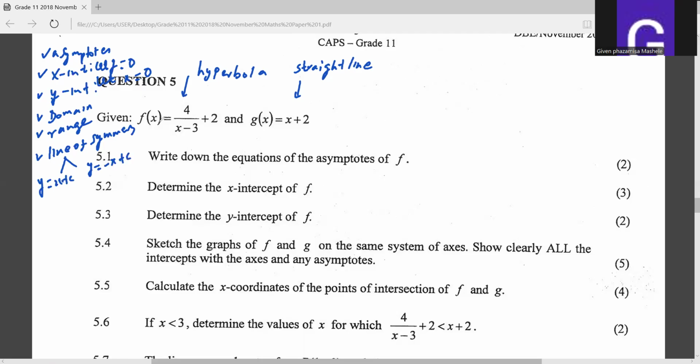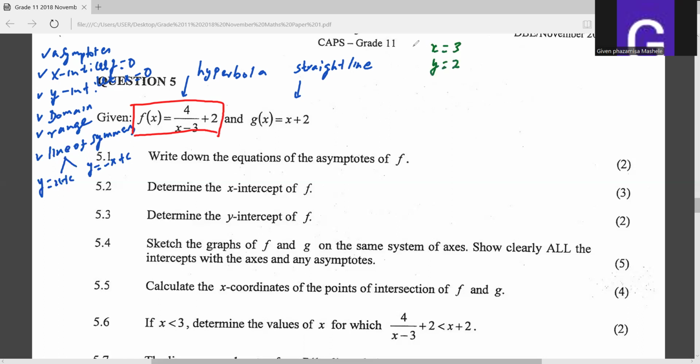When we are looking at this, I'm just analyzing it, we know that the hyperbola has two asymptotes. The asymptote of the hyperbola has to do with the x and the y. So here the asymptotes are x equals 3 and y equals 2.